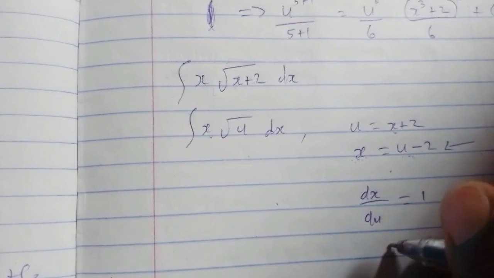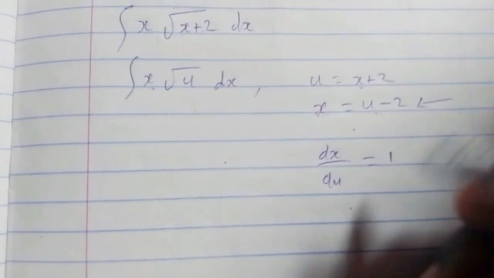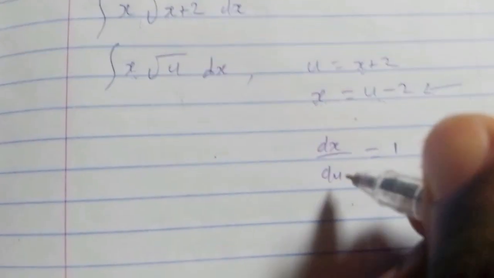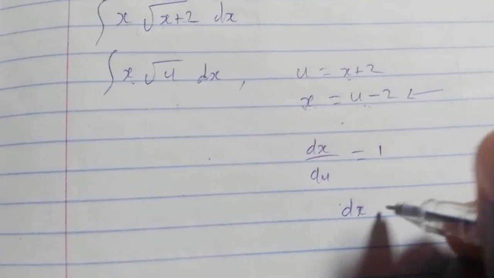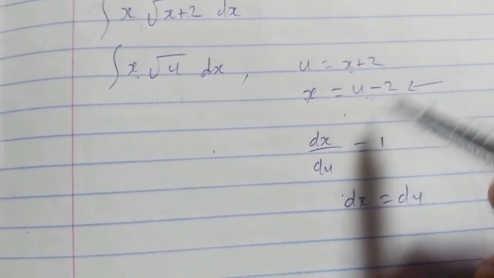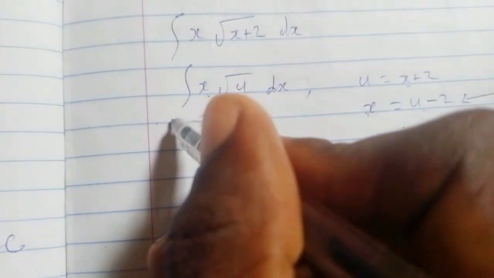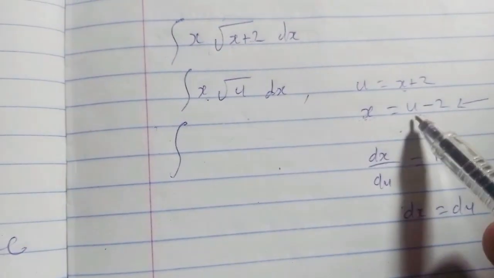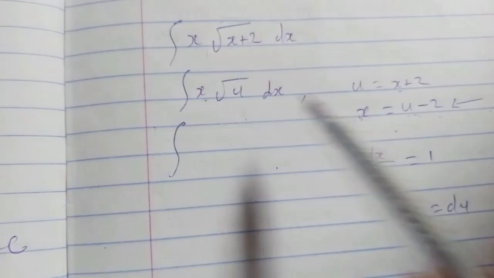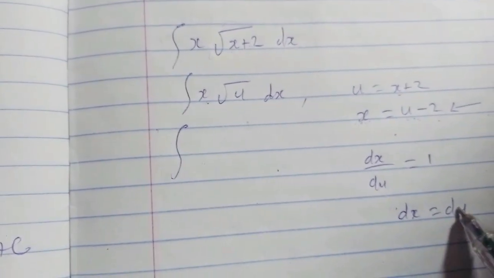It means dx is equal to du when we cross multiply. So we'll come back to our integral and we substitute u minus 2 for x and du for dx.